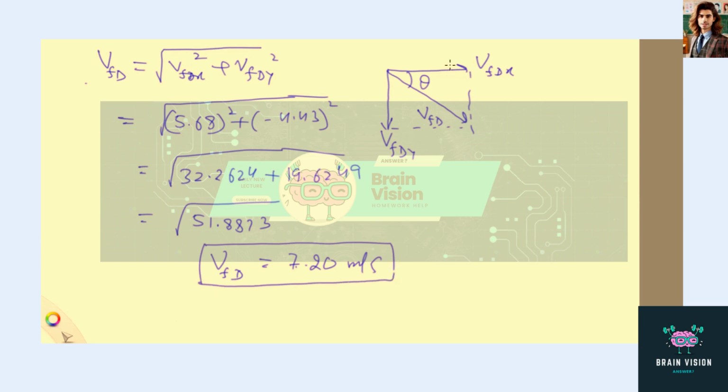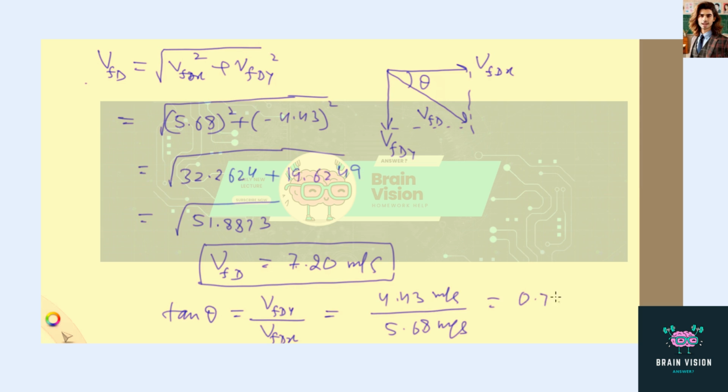Now to find its angle theta, we use tan theta, which is given as v_fDy divided by v_fDx, and we use only the magnitude of v_fDy, which is 4.43 meter per second divided by 5.68 meter per second. It comes out to be 0.7799.